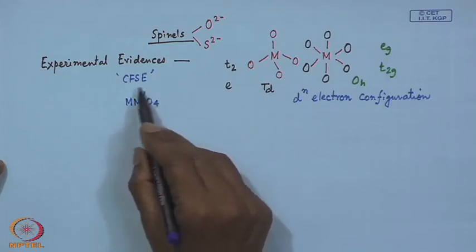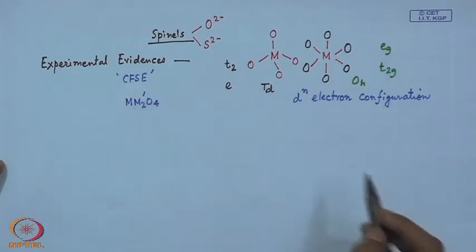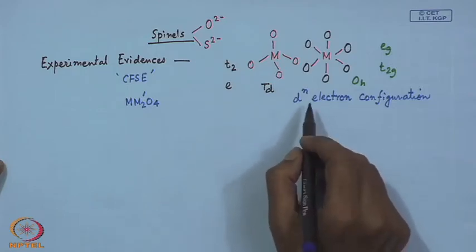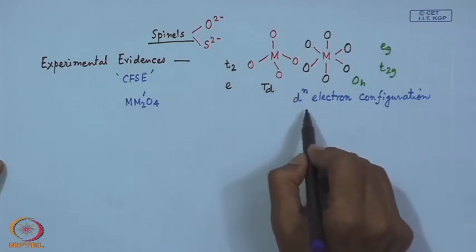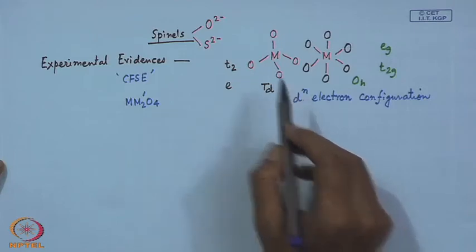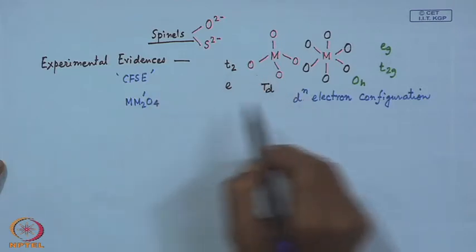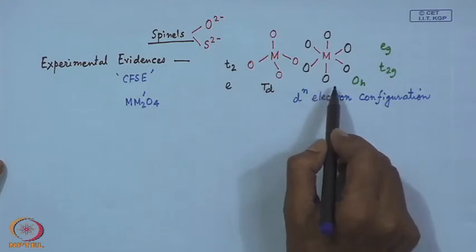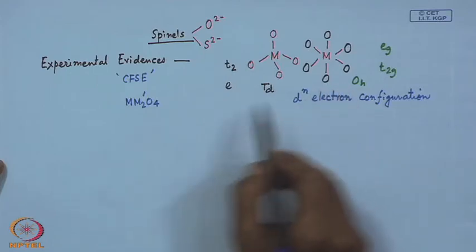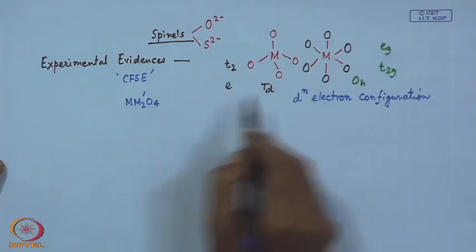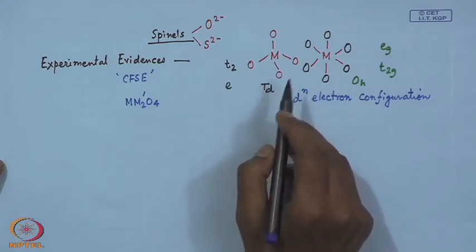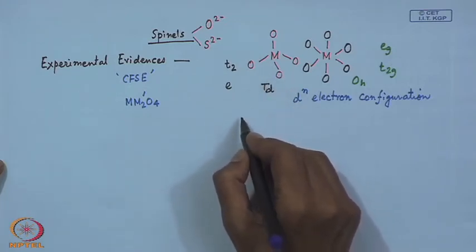Here M is the corresponding bivalent metal ion and M prime is the trivalent metal ion. So, when we put these bivalent and trivalent metal ions, we already know that depending upon their different electronic configurations, we can have the corresponding CFSE for these electron configurations in these two geometrical forms. We then find how many unpaired electrons are present.